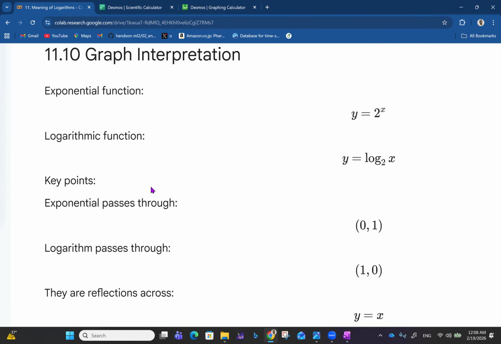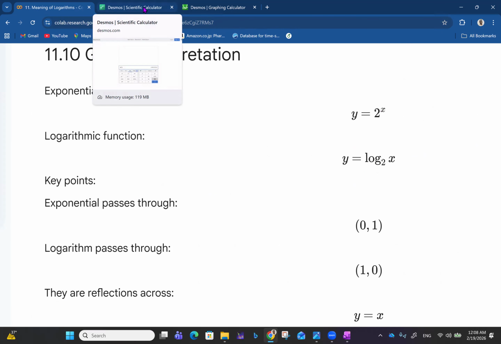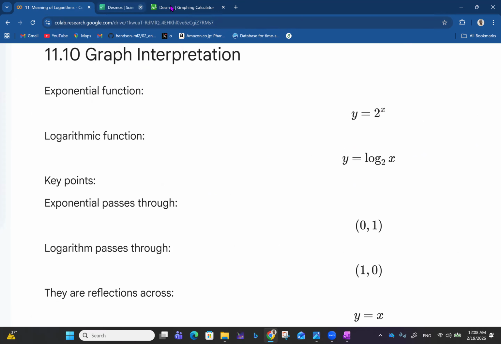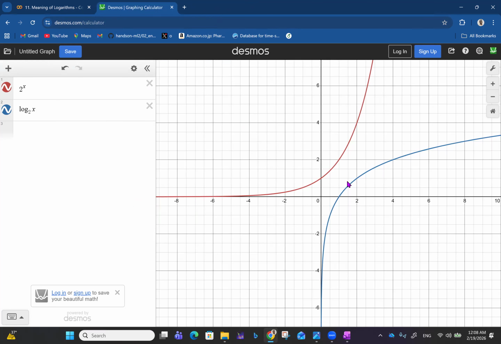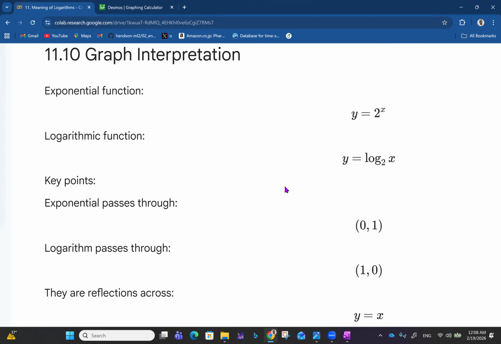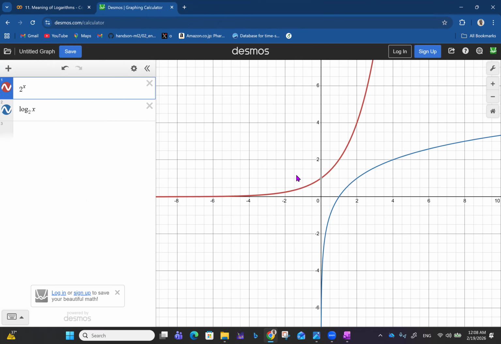So the key point is that the exponent passes through 0, comma 1, because anything raised to 0 is equal to 1. The exponent will always pass through this point here, 0, 1. On the other hand, the logarithm passes through 1, 0. That's a very good example that one is an inverse of the other.